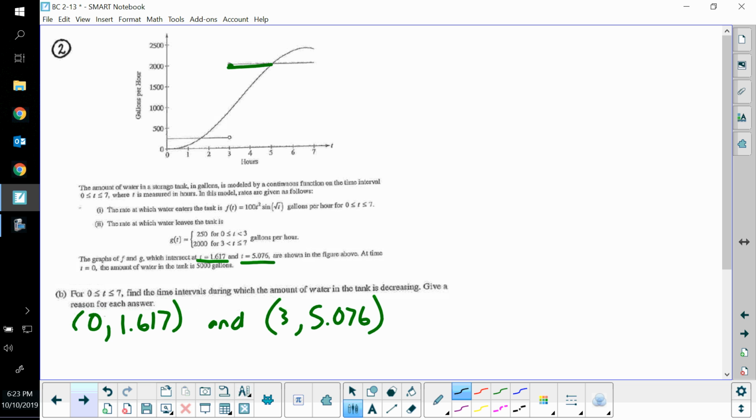So we can simply say that f of t, which they told us here was the entering rate, was less than g of t. So those are our intervals, since f of t was less than g of t on those intervals.